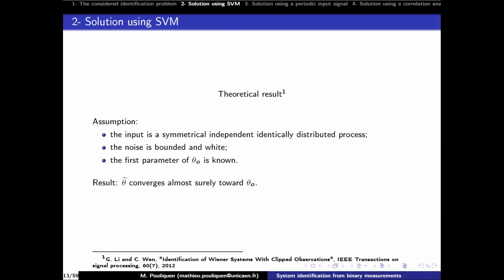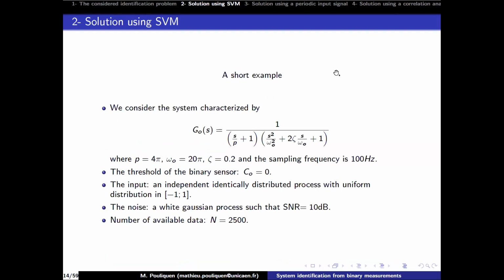If you have an input that is white Gaussian noise, for instance, or a white uniform noise, and if the noise is bounded and white, you can obtain convergence, here almost surely, toward theta 0. There are some convergence results.